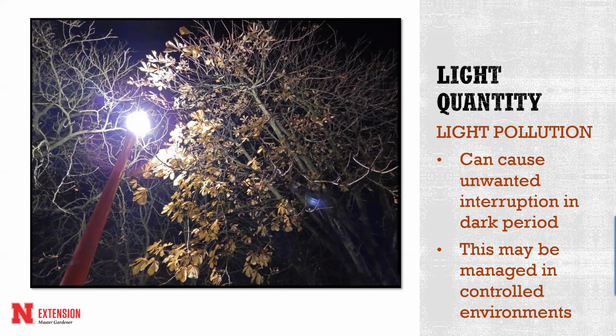In the fall, when that tree is supposed to start changing its photoperiod to go into dormancy with its leaf color and such, one half of the tree that is right next to that light is as green as can be, and literally you can draw a line down the center of the tree, and the other side is red. So light pollution in urban areas can definitely be a problem for some plants when you're talking about photoperiod.